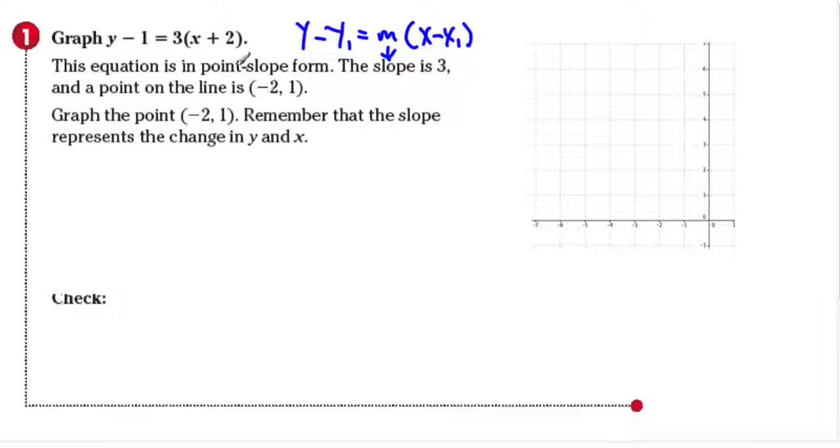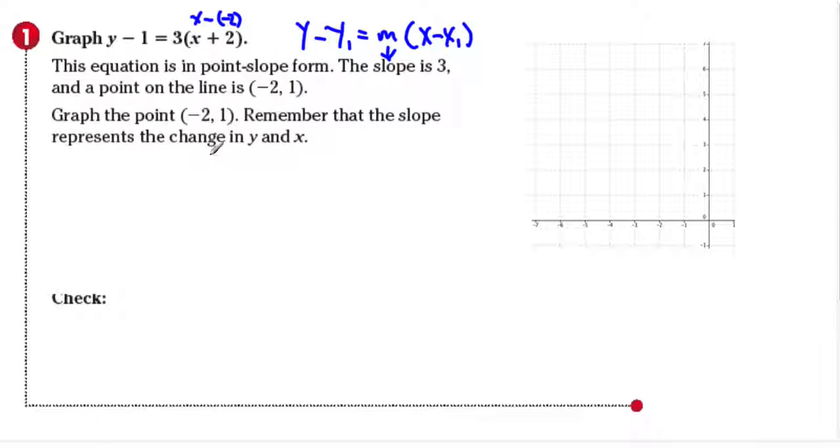And why is it negative 2? Because this is x minus negative 2. So x is negative 2 and y is positive 1. Do not be confused on this, because you will get the wrong point every time if you are.